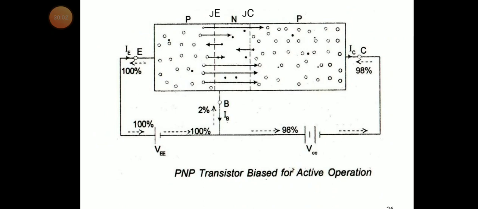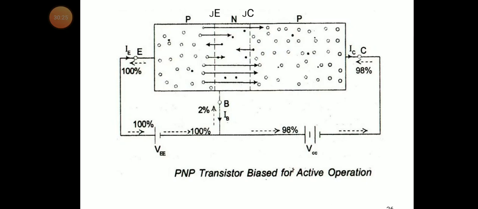The P and N junction is called the emitter junction. The N and P junction is called the collector junction. Because the base is common, we call one the emitter junction and the other the collector junction.